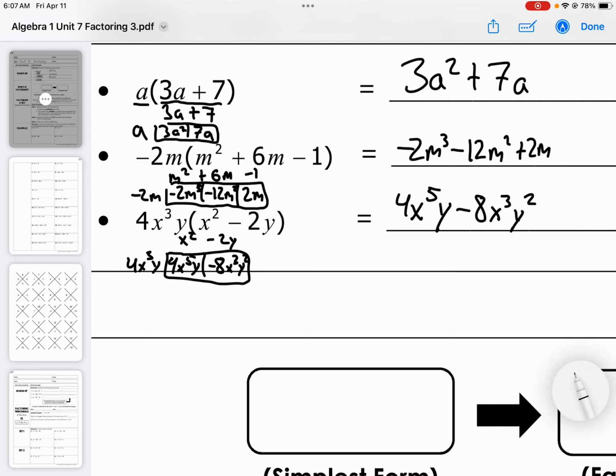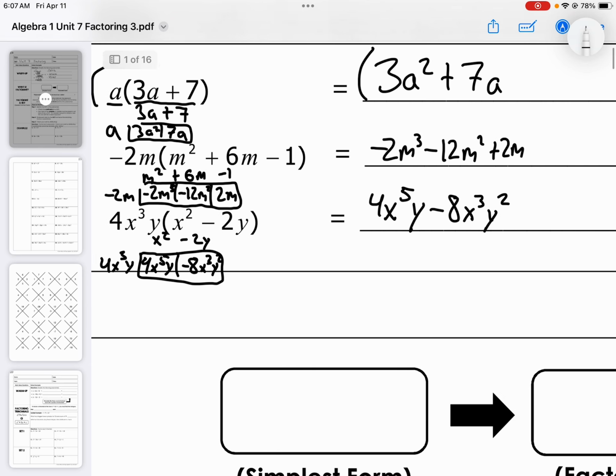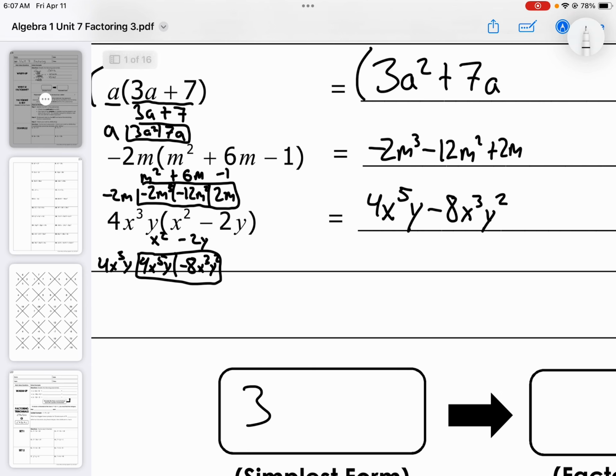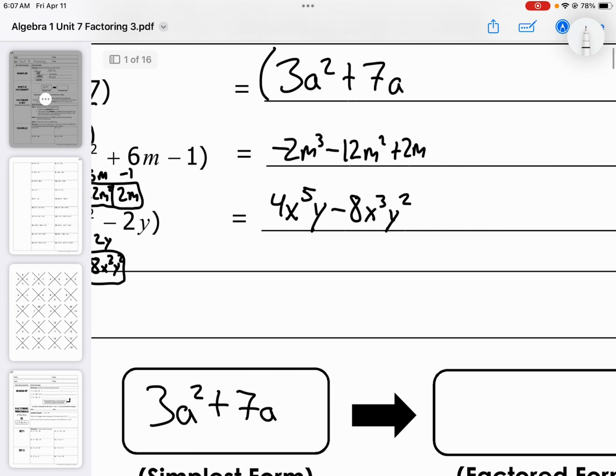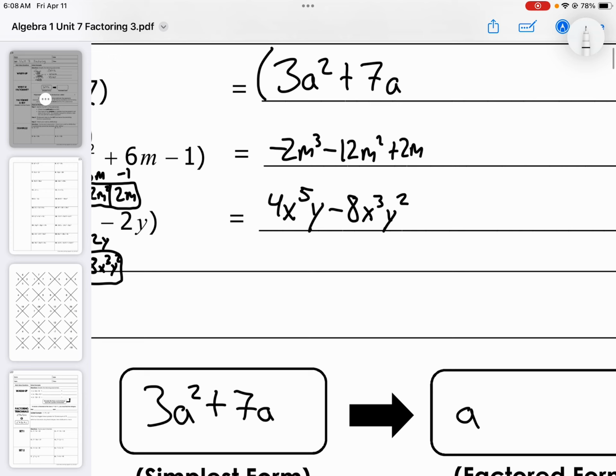In this unit, we're going to be going the other way around. So instead of starting with this a times 3a plus 7 and getting the answer of 3a squared plus 7a, we'll be starting with something like 3a squared plus 7a, and our solution, our answer, is going to be the a times 3a plus 7.